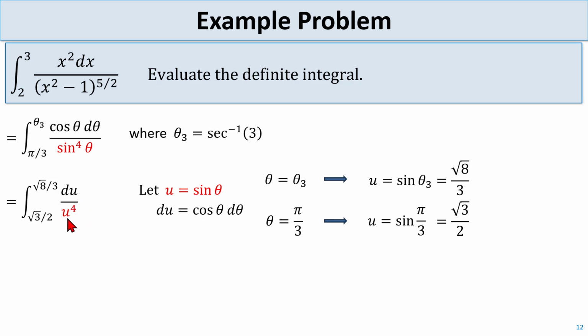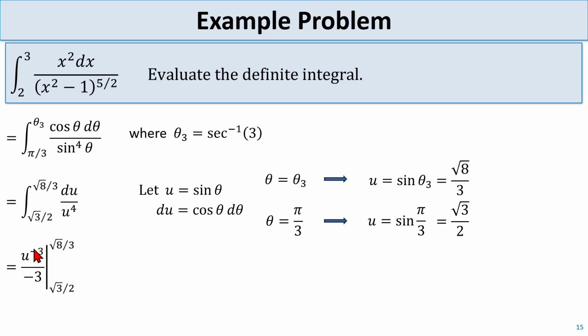And as usual, when you have u to some power in the denominator, you're going to want to think of it as actually having a u to the negative 4 power so that you can use the power rule for integrals to integrate. So I'm going to do that. I'm going to increase the power by 1, then divide by the new power. So I end up with u to the negative 3 power divided by 3, evaluated at these limits of integration.